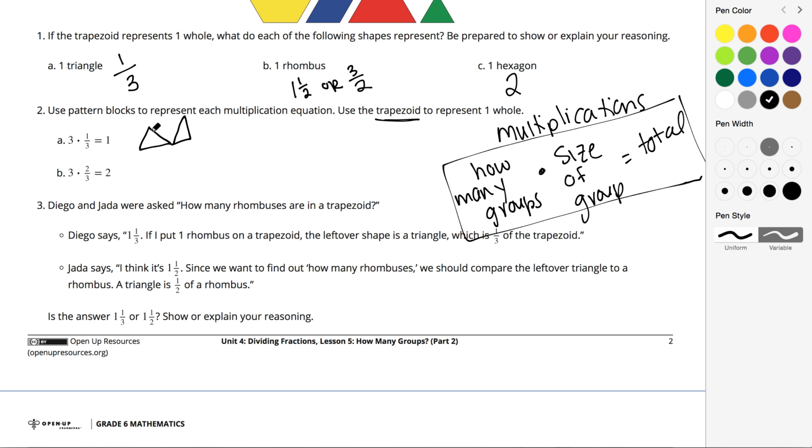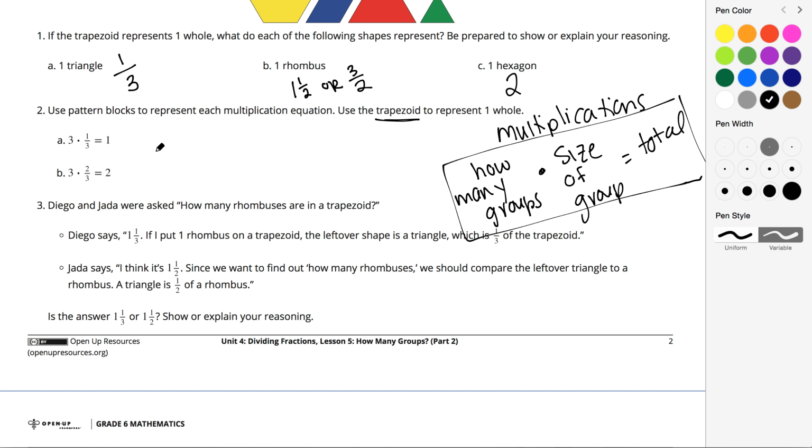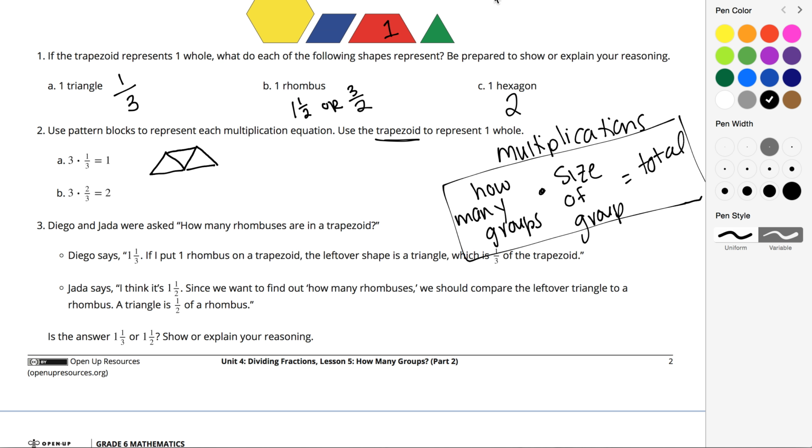Sorry guys, my picture skills are failing me today. Triangle 1. Triangle 2. That looks so much better. And 3. 3 triangles equal a whole. Remember, today we're saying that 1 trapezoid is a whole. These are my green triangles.